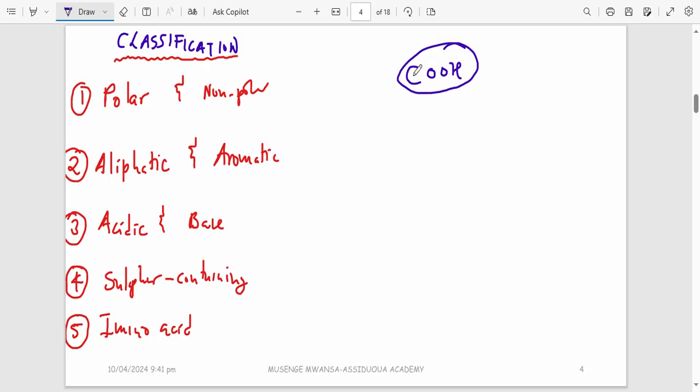What do you think? Very good. That is because this is a carboxylic acid group. How about if you see an amino acid where the R group has a lot of amino groups? Is this amino acid going to be acidic or basic? Basic.